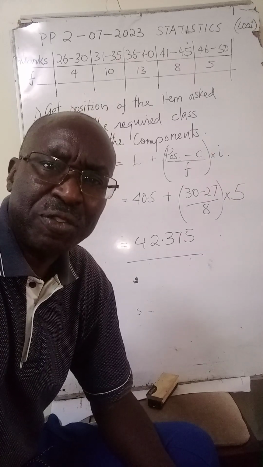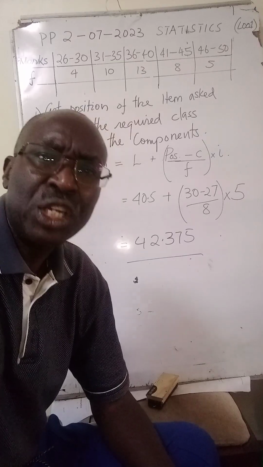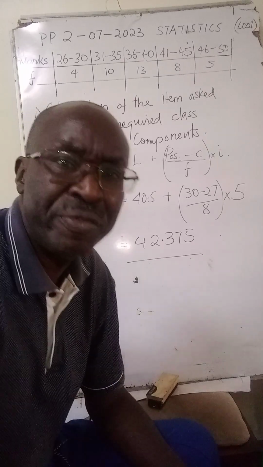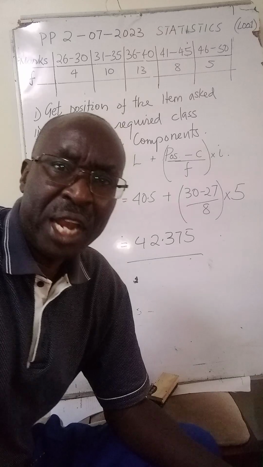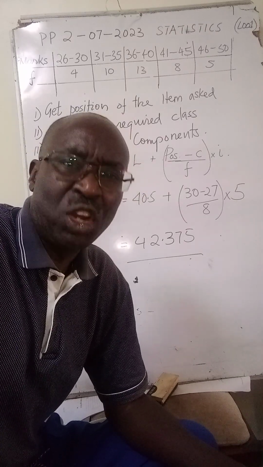So at Form 2 level, mean, mode, median should be very comfortable. You should be very comfortable with those. Now here we are given a table, and if you look at this table, it's not a very bad table. It's not very long.